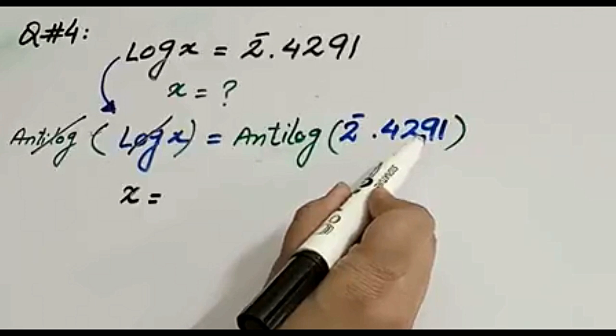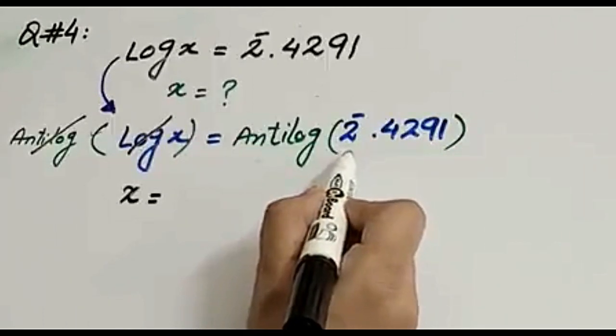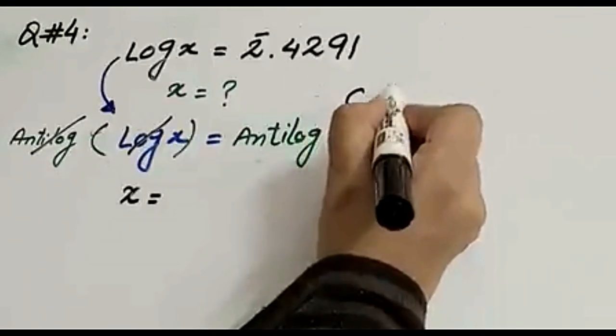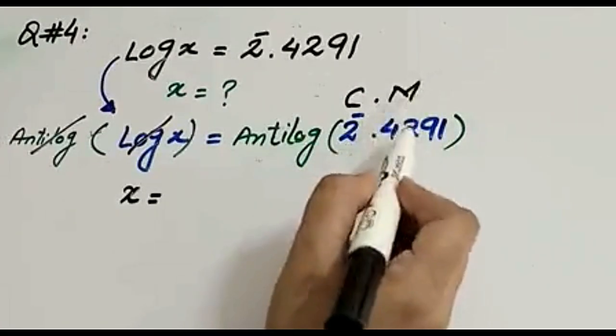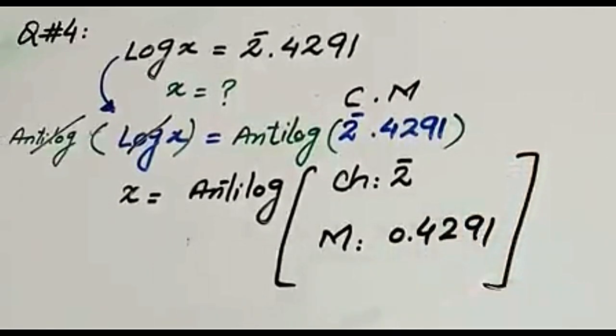Whenever we are going to take anti-log of some number, it means that already we have taken log of that number. So it would be a combination of c dot m. So characteristic will be 2 bar and mantissa will be 0.4291. I have separated these both to c dot m values.